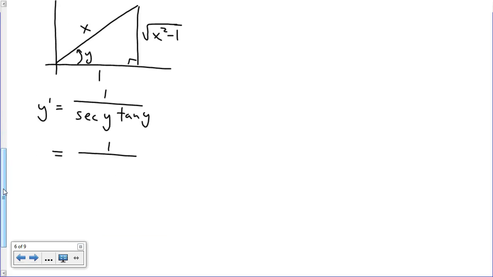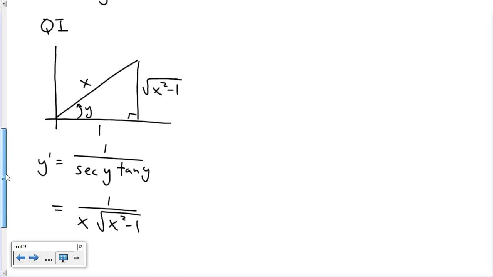But if you check out your triangle, of course it has the property that secant of y is equal to x. Check out the tangent of y. Tangent of y would be the opposite over the adjacent side, which turns out to be just that square root of x squared minus 1. Divided by 1, of course, doesn't change it. So we'll just write x times the square root of x squared minus 1. So that's pretty nice. Let's see what happens in the other quadrant.